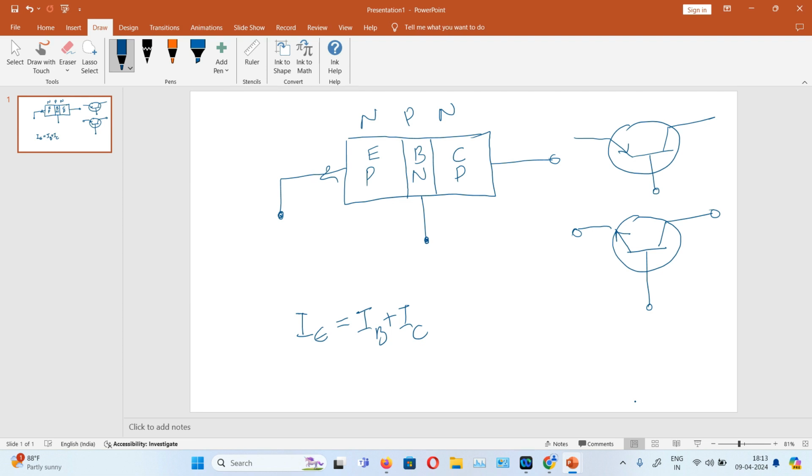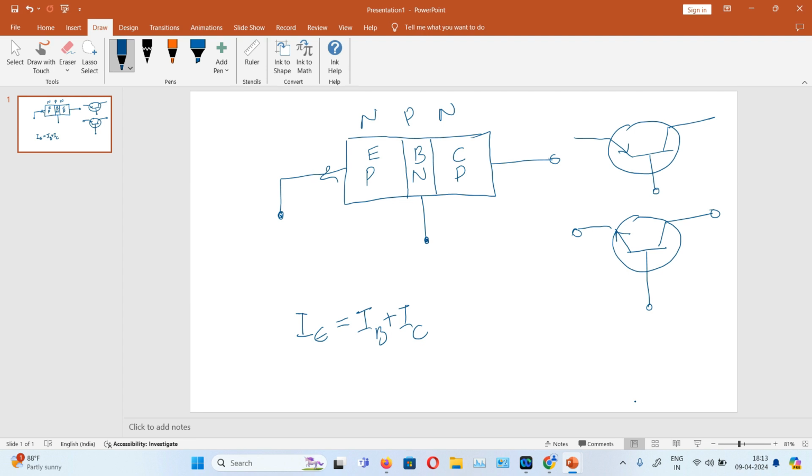And the current, which we can convert to voltage using a resistor, because we will get a potential drop across the resistor when some current is passing through it. According to that, we can manipulate the voltages connected to the transistor. But typically the transistor is a current device.